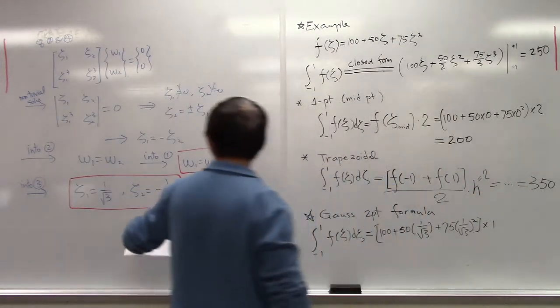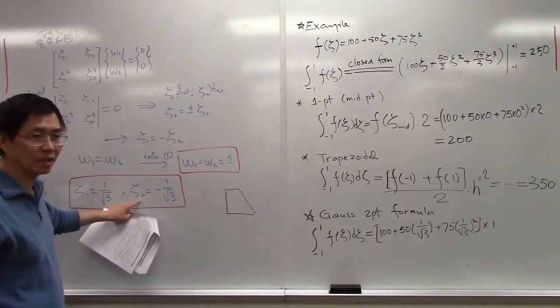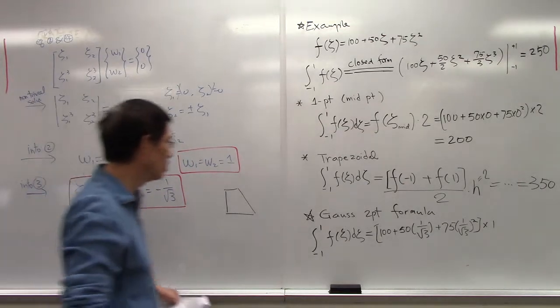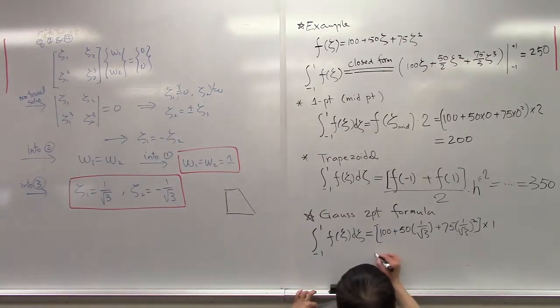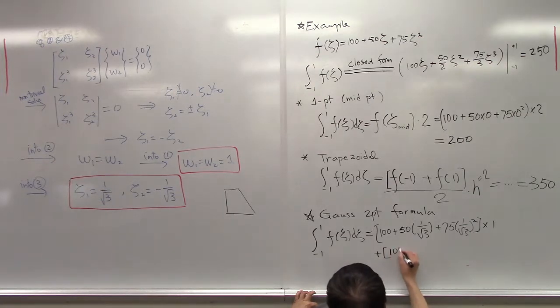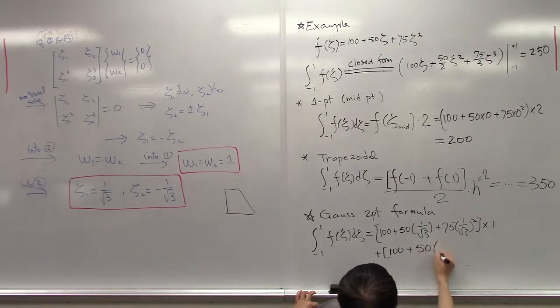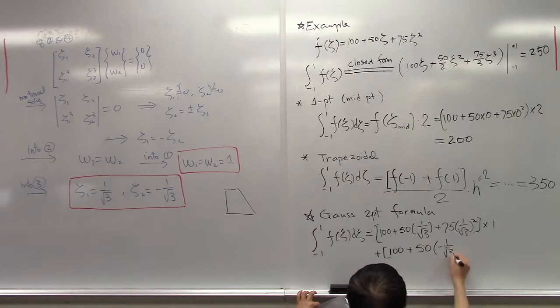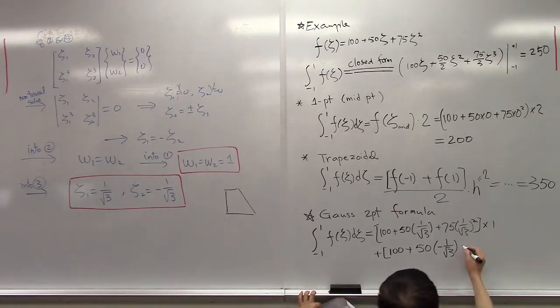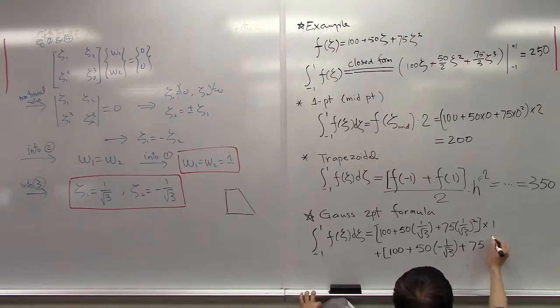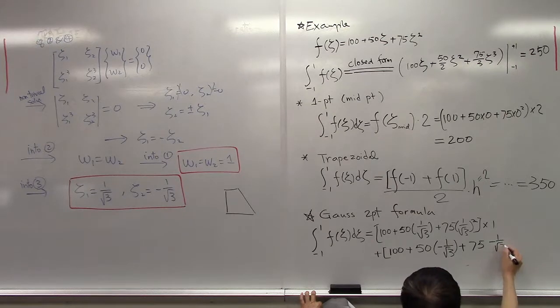Then plus the function evaluated at the second point, theta 2, which is 100 plus 50 times -1/√3, plus 75 times (-1/√3) squared, and times 1.